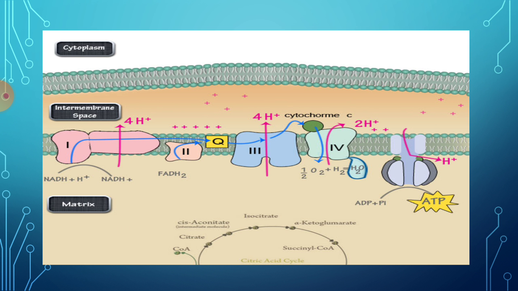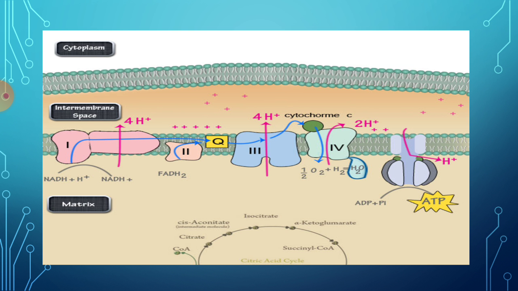And the second phase of the process: in the Krebs cycle, FADH2 is formed. When this reduced form FADH2 is oxidized, similarly as before, 2 electrons are generated, which are transported from complex 2 to complex 3 via the ubiquinone mobile carrier, from complex 3 to complex 4 via the cytochrome C mobile carrier, and finally these two electrons reach the oxygen.